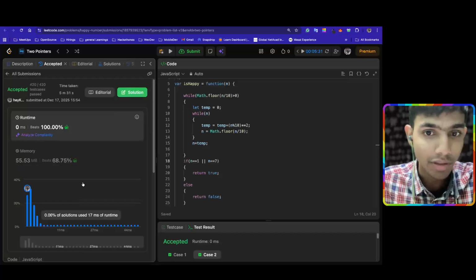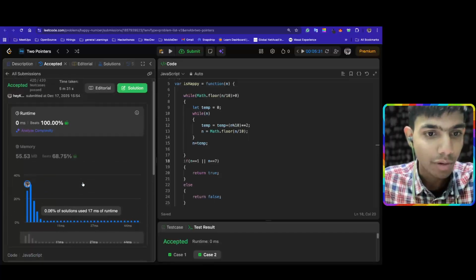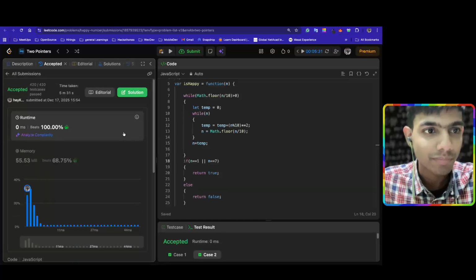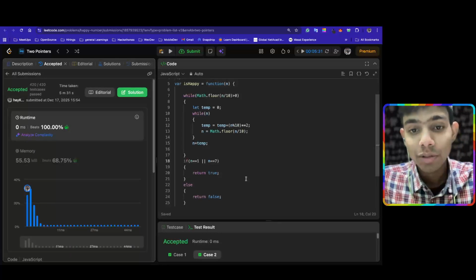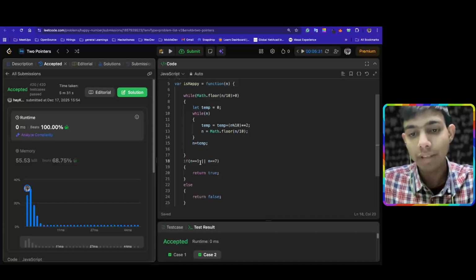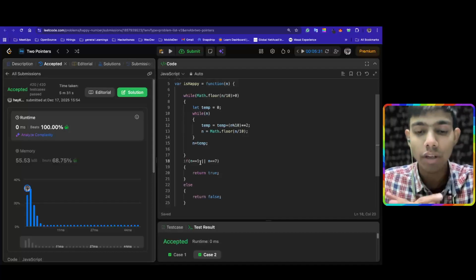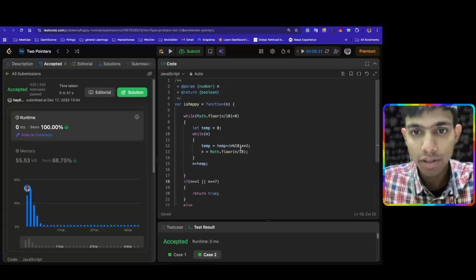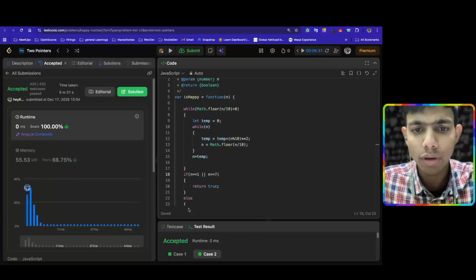Beats 100%. I was not sure, guys. Amazing. So guys, for single digit numbers, for 1 and for 7 only, it will convert into true, otherwise it will become false. So this is the logic, a very simple logic.